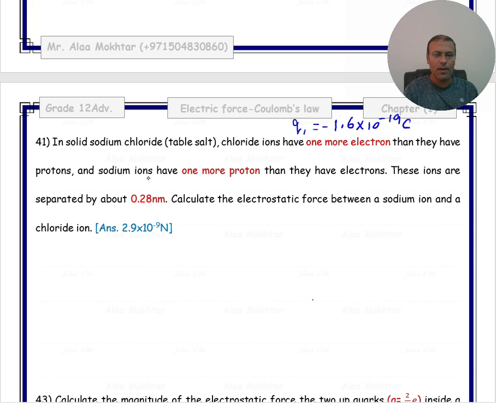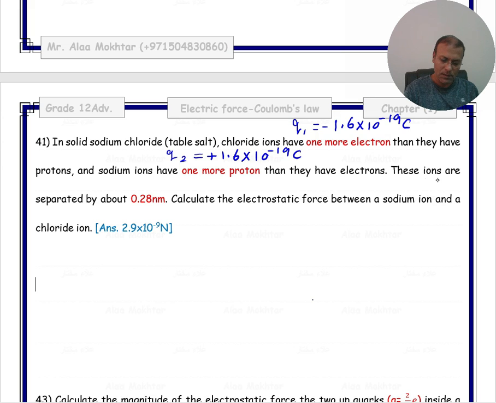And the sodium ion has one more proton than electrons. Proton means positively charged. Q2 in this case equals positive 1.6 multiply 10 to the negative 19 coulombs, because the number of protons is greater than the number of electrons.